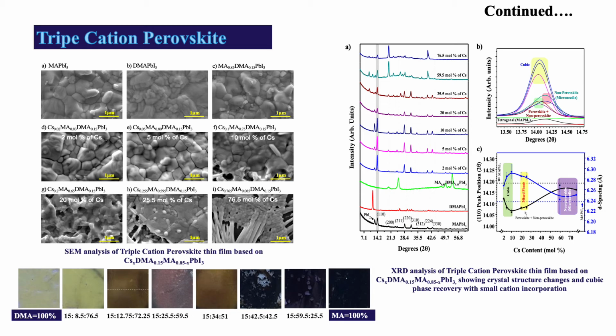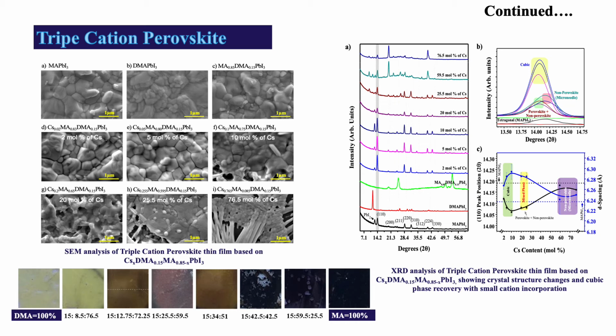We can also see from the SEM images of the corresponding concentration of the cesium into the double cation structure. Also, we linked it to the d-spacing. We can notice which d-spacing is cubic, which is non-cubic perovskite.